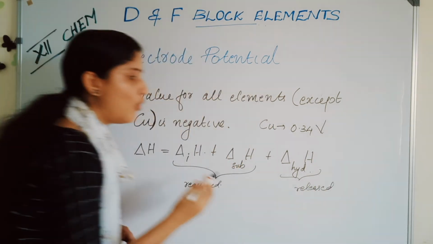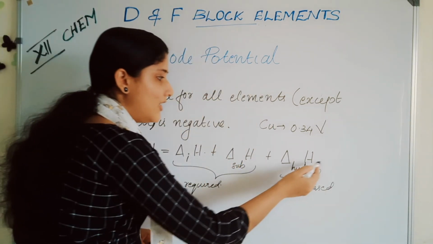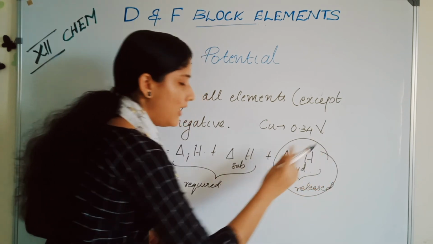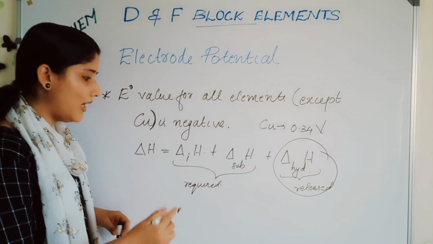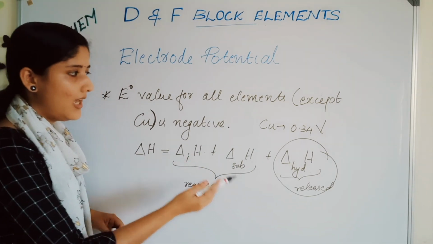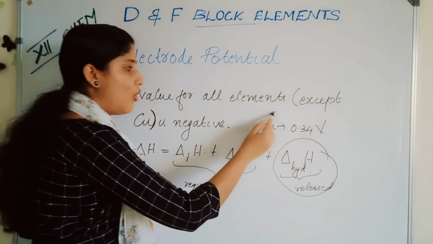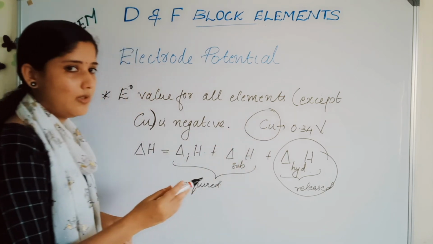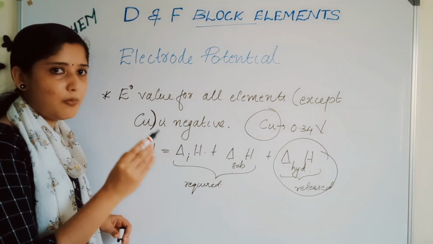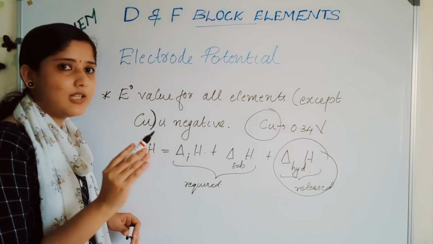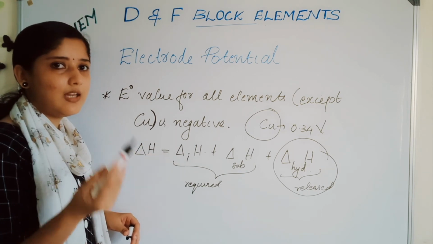In the case of copper, the delta H hydration will be highly negative, and this high value is not able to be compensated by the other enthalpies. Hence, the value for copper is highly positive. This is the reason why the E0 value of copper is highly positive, while all other 3D elements it is highly negative.